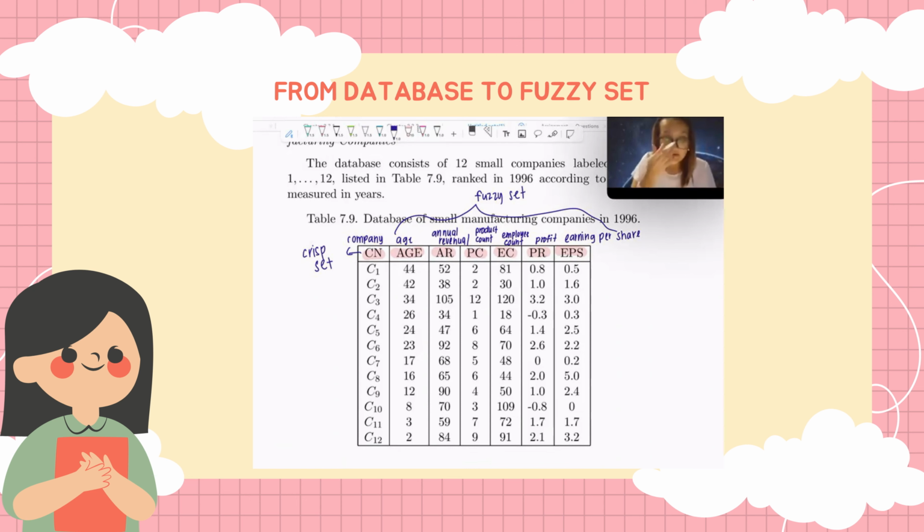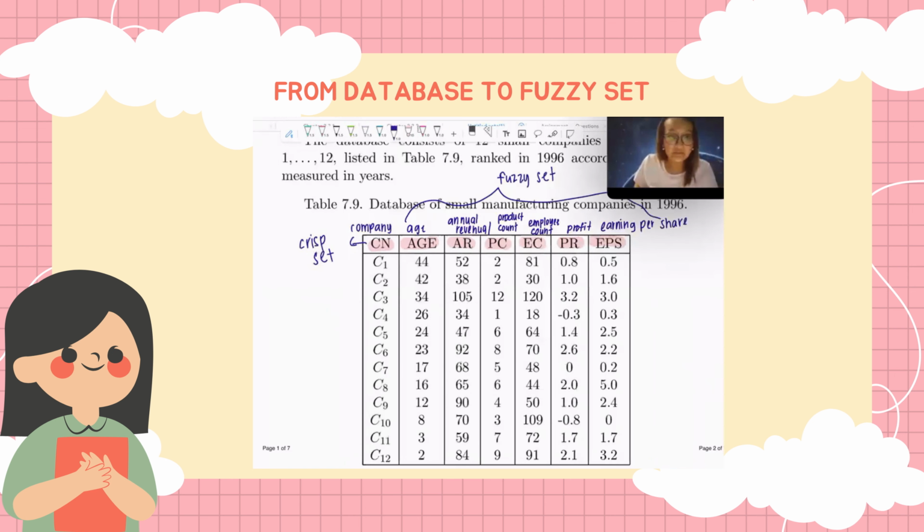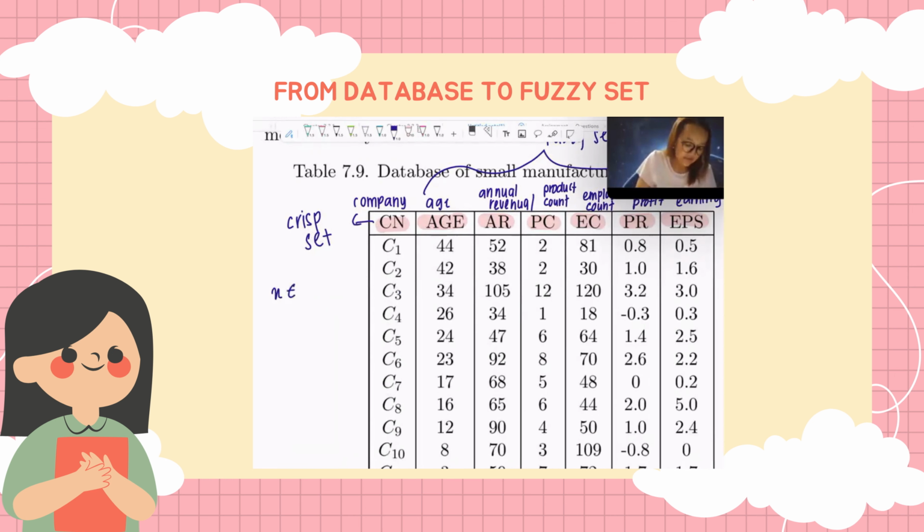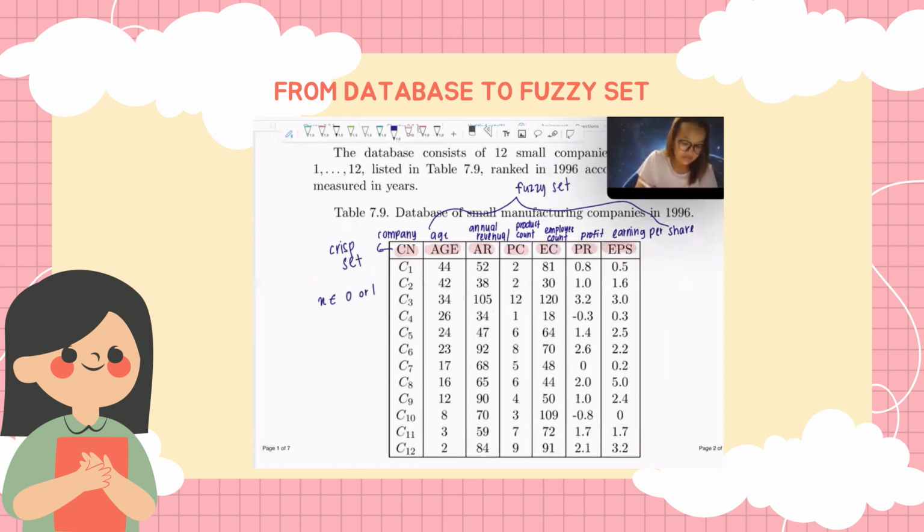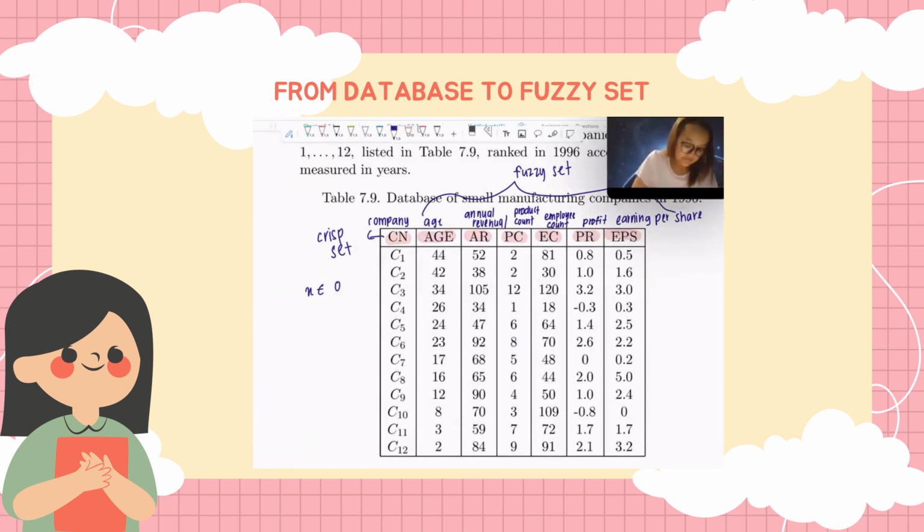A crisp set is, as we know, where the membership of each element can be 0 or 1. So it means that in this company column, there must be 1 or 0 only. There must not be 0.1 or 0.2 or anything else. So for company here, we only count the companies that exist.